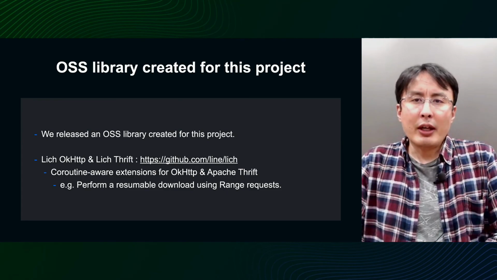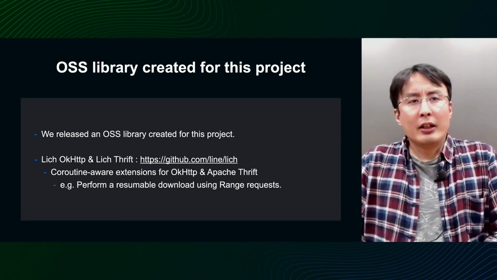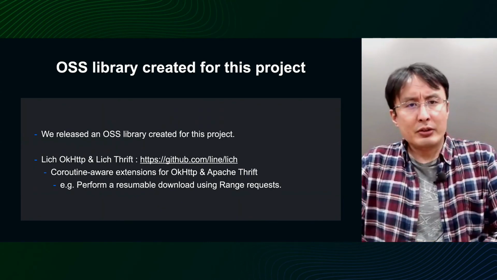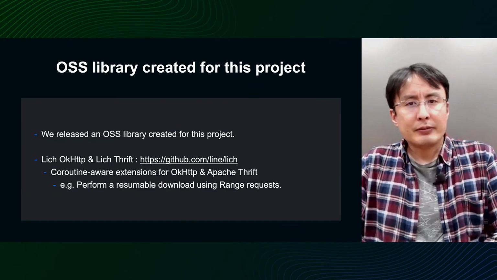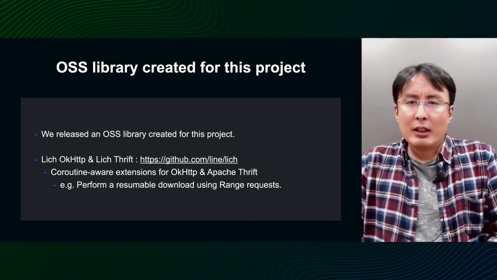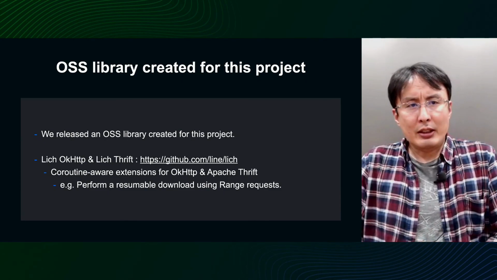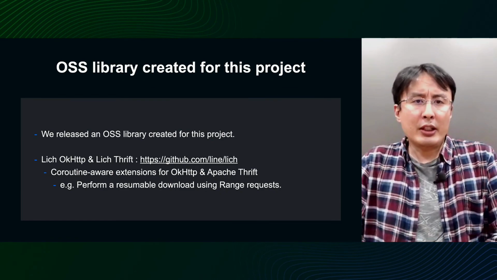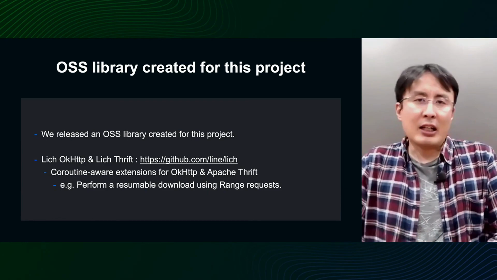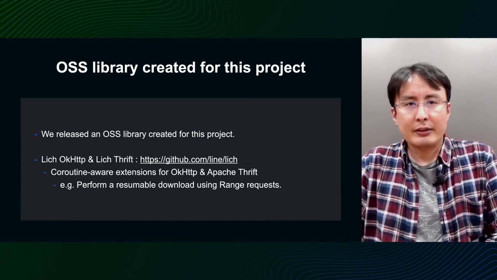Relevant to this topic is a library that provides extensions to OkHttp and Apache Thrift to support Kotlin coroutines. Using this, you can, for example, make it easy to implement resumable downloads using range requests. The library can be accessed from this URL. We hope you find this useful.